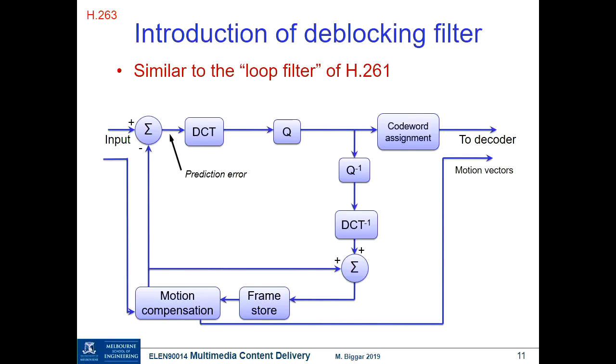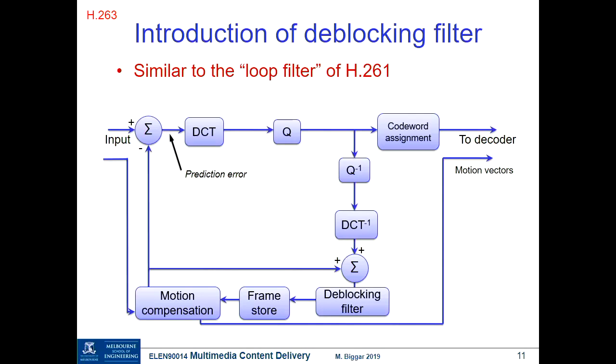Another tool introduced by H.263 is what's called a deblocking filter, and it has a similar kind of function to that loop filter in H.261. The idea was that we can optionally include a filter here, particularly when we're operating at low bit rates and those block boundaries start to appear.